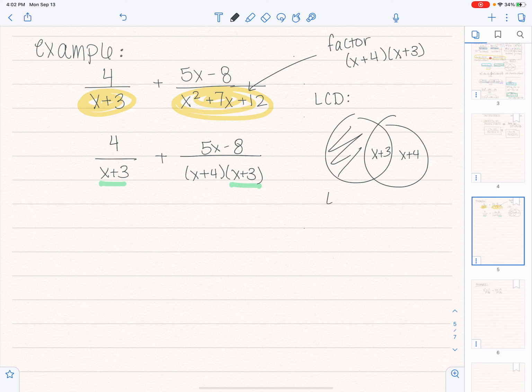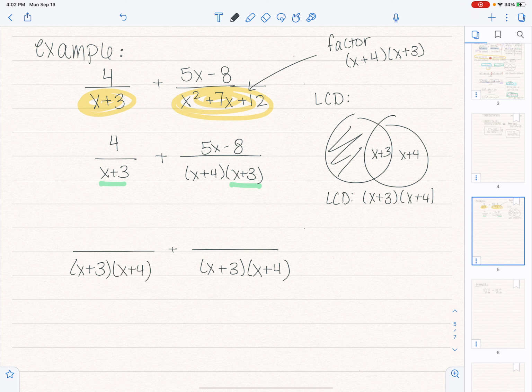And so my LCD is going to be the product of those. I need to make both of these fractions match the LCD: x plus 3, x plus 4.